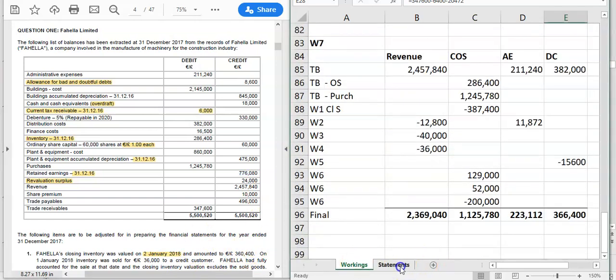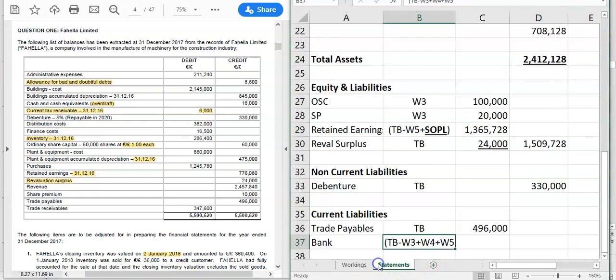So we come back then to the statements. We start off with an overdraft of 18,000. You reduced it by 10,000 because that's money coming in, which reduced your liability. You increased it by 36, which was incorrectly recorded.